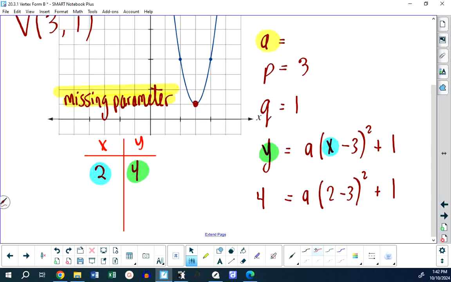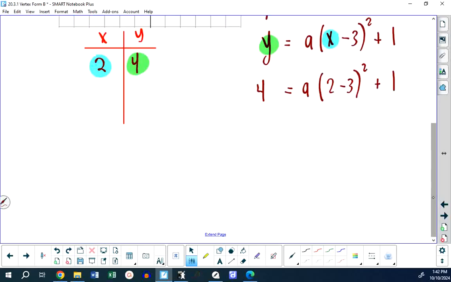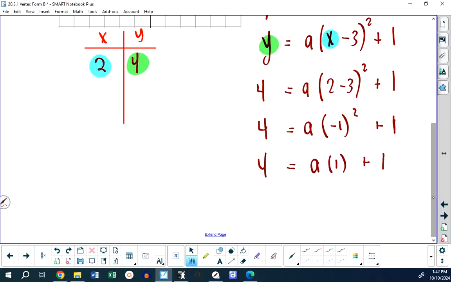Maybe not written in equation form, but because 2 minus 3 is negative 1, and when I square negative 1, I get 1. And 1 times a is a.